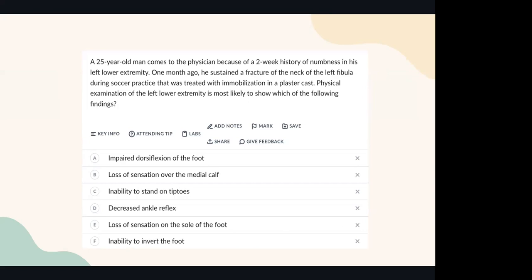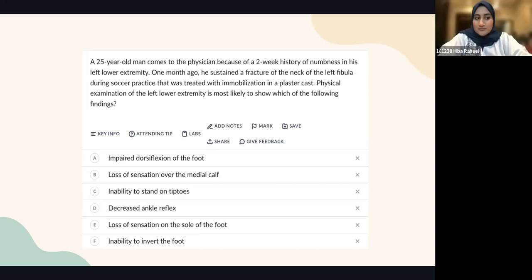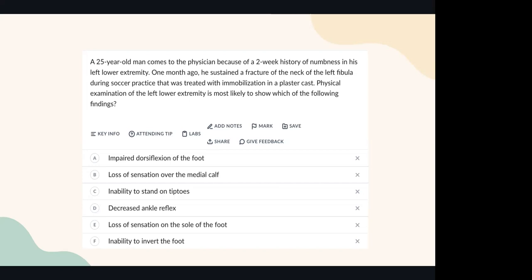I think since he broke his fibula, that means the common fibular nerve is being damaged, so he's going to have foot drop, affecting the anterior and lateral compartments. Excellent.